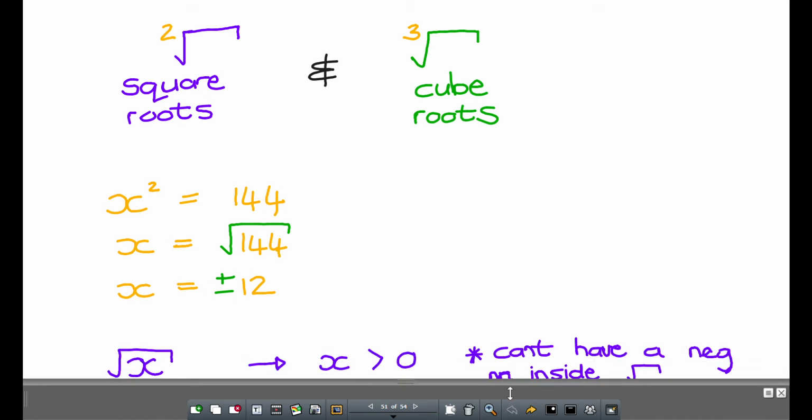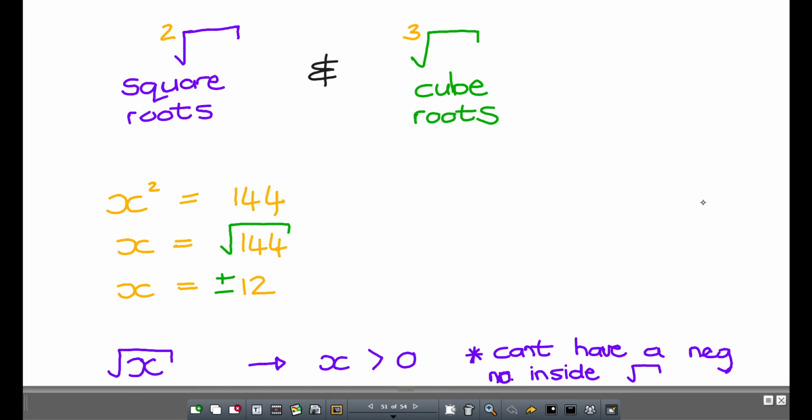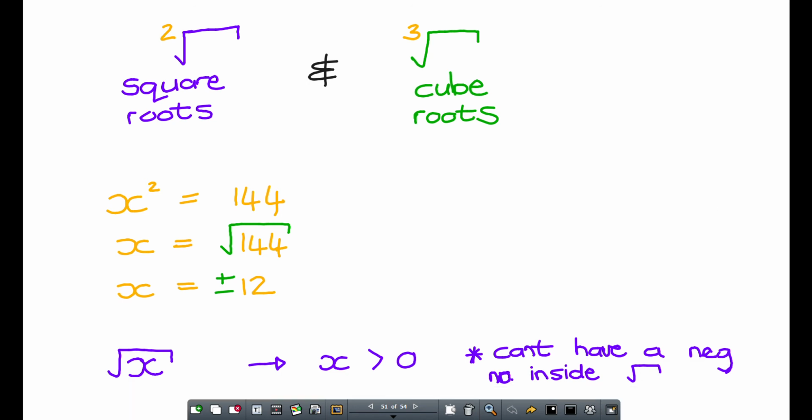Remember that when we get square root of x, x must be greater than 0. Greater than 0 means a positive number, meaning 1, 2, 3, 4, 5, 6 and so on. Why?